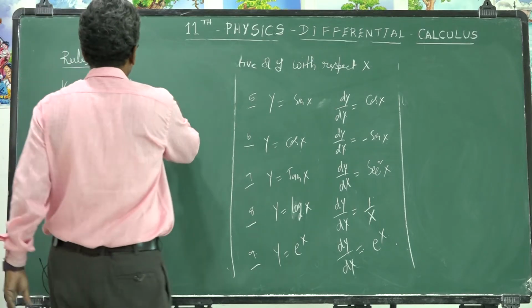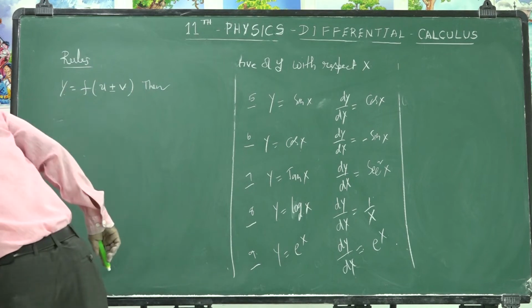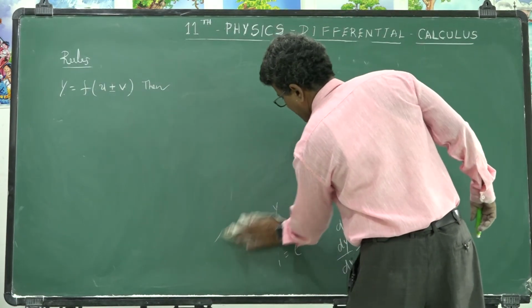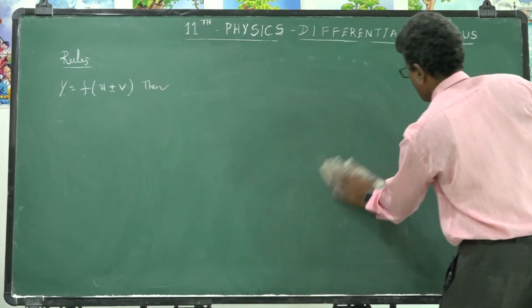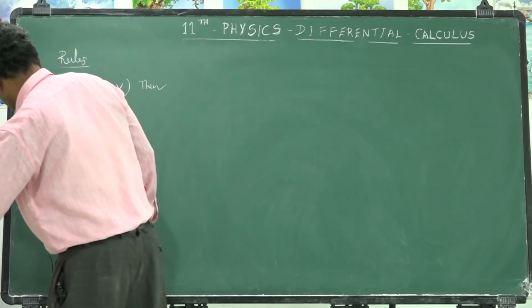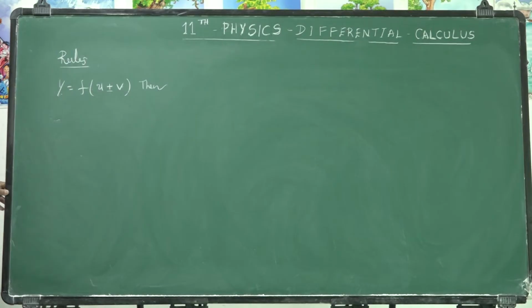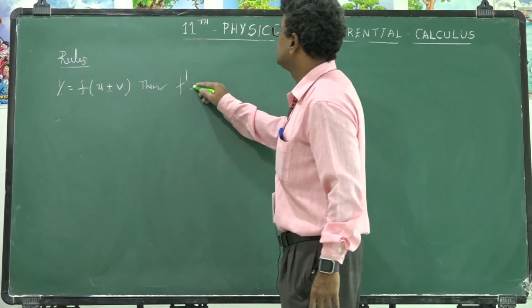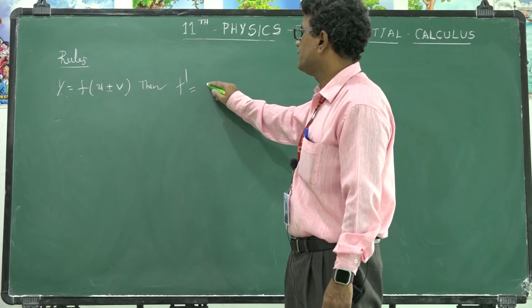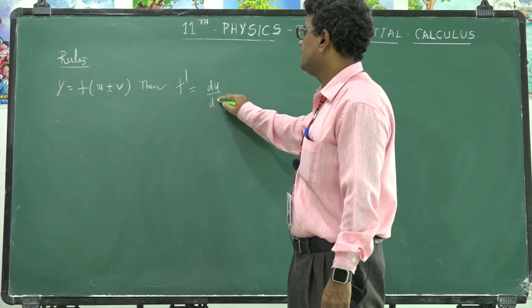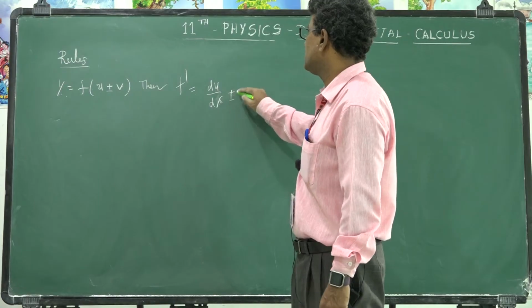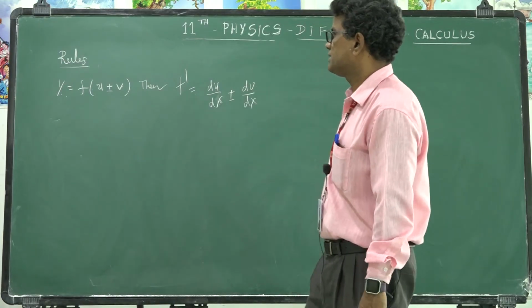Then I want a derivative of this. Then f dash, that means the derivative of this, is du by dx plus or minus dv by dx.